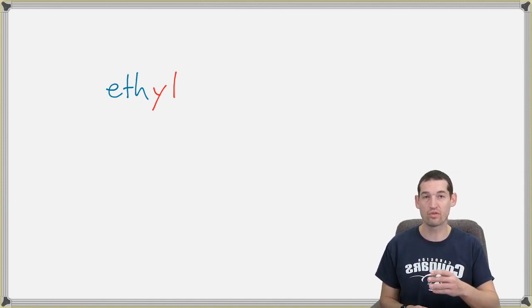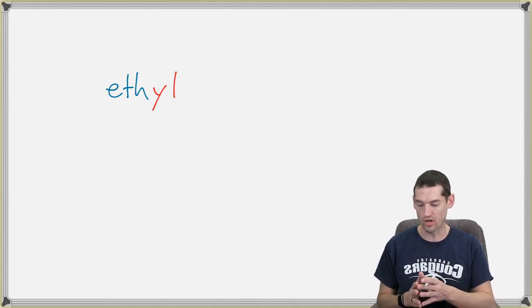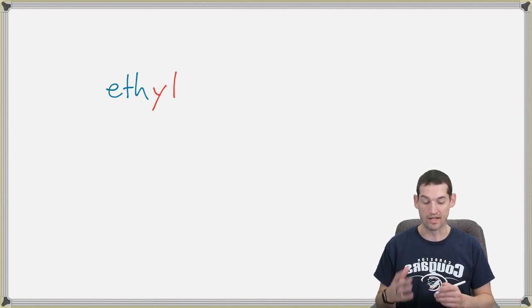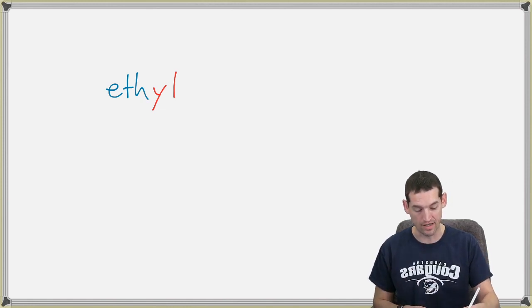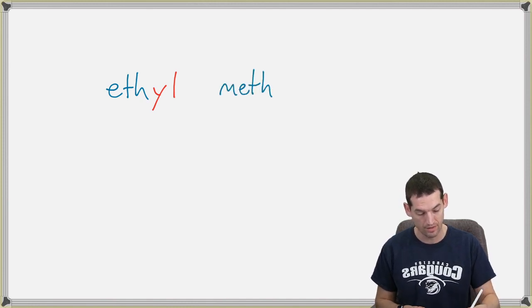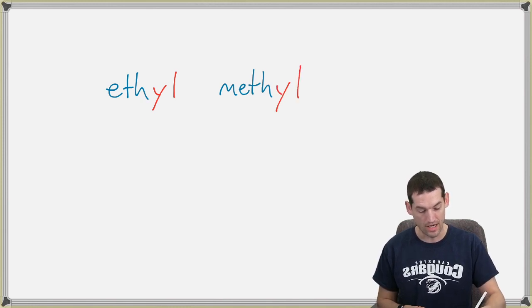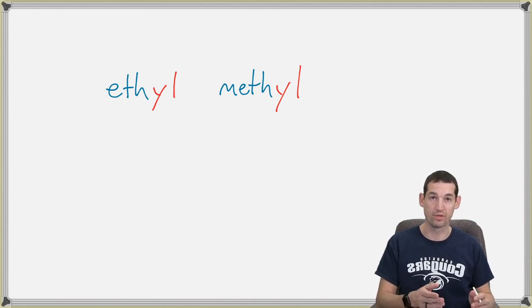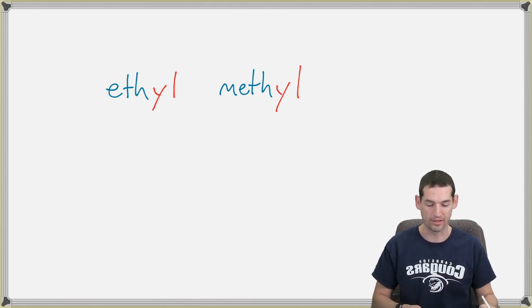If I have more than 1 branch, branches will always get listed in alphabetical order. So if I have an ethyl branch and a methyl branch, for example, I would list the ethyl branch before the methyl branch because those branches come alphabetically.